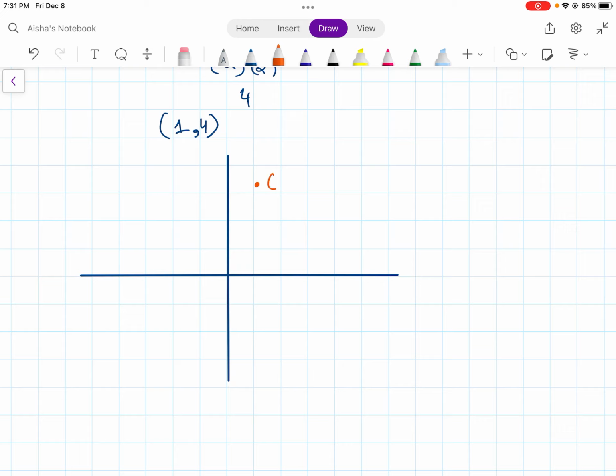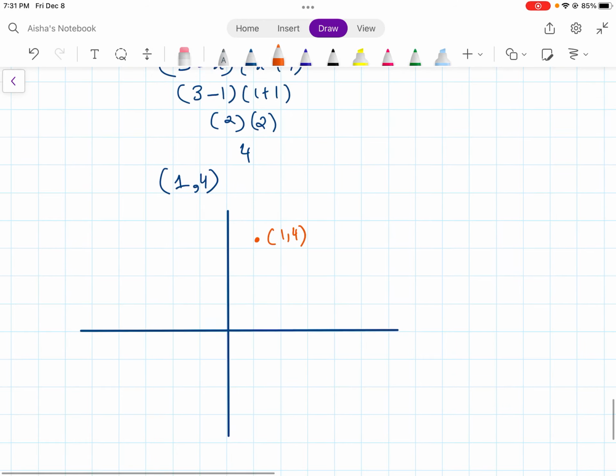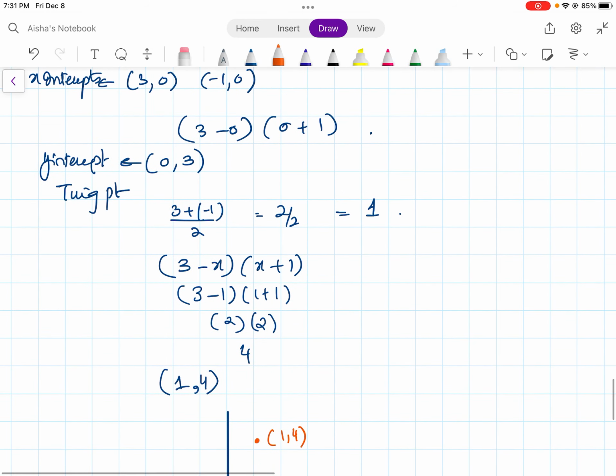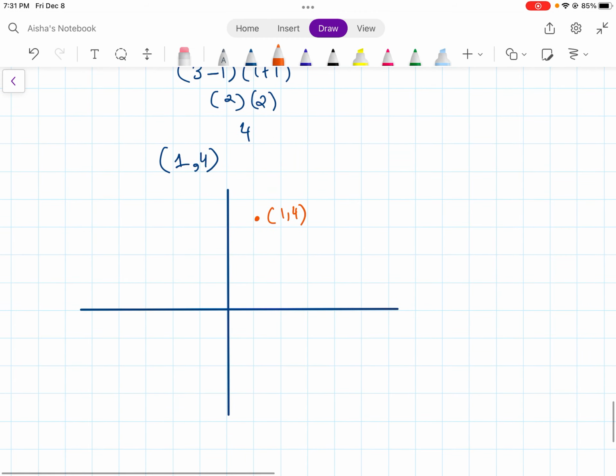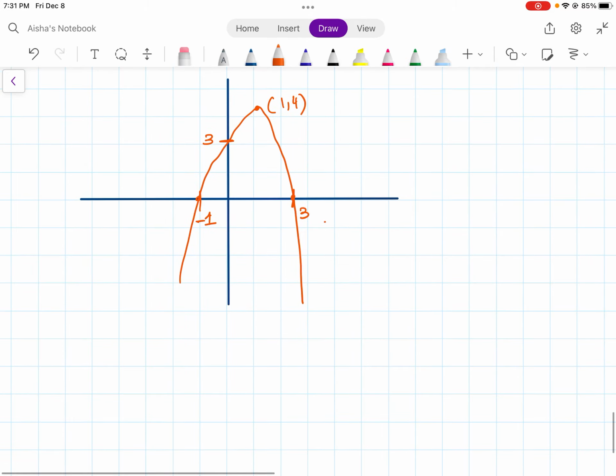One comma 4 is here. Now the next thing is 3 comma 0, minus 1 comma 0. Okay, I hope it is all clear.